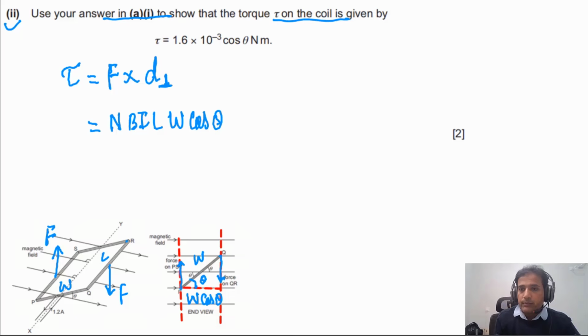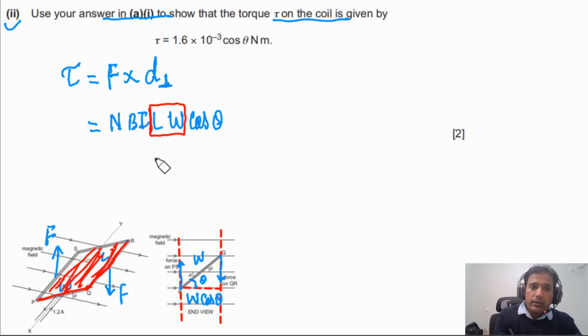W cosine of theta. So now you can see from here what this LW is representing. This side is W, and this one is L, so it is representing this area. So simply we can replace this now with area.